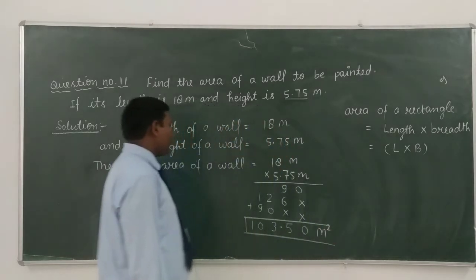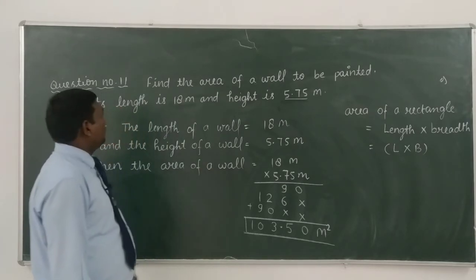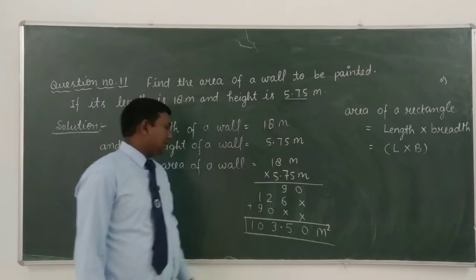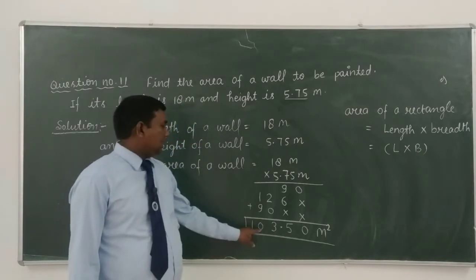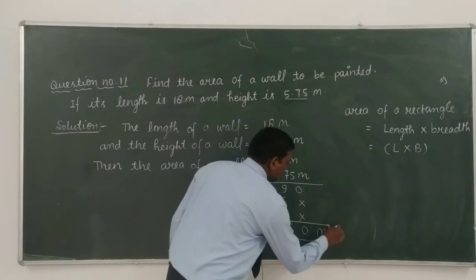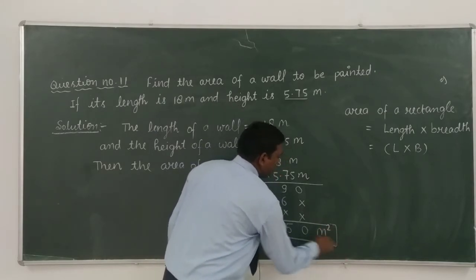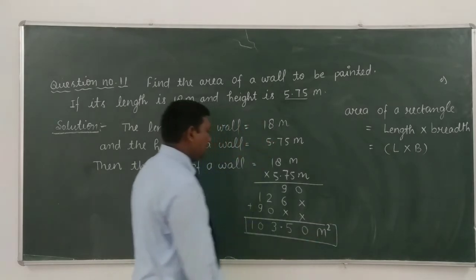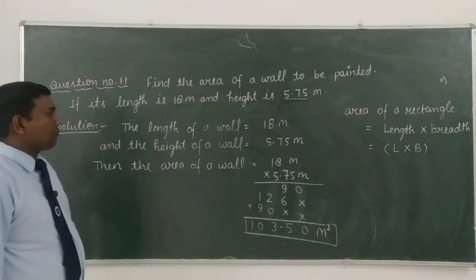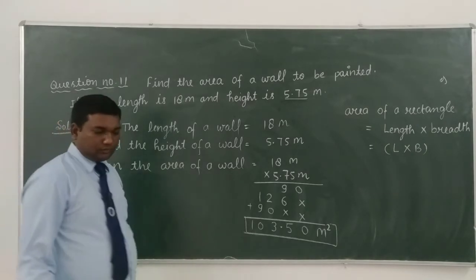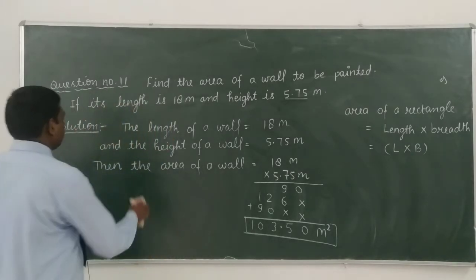Then the area of a wall to be painted is 103.50 meter square. Okay dear students, this is your answer. Now read this.